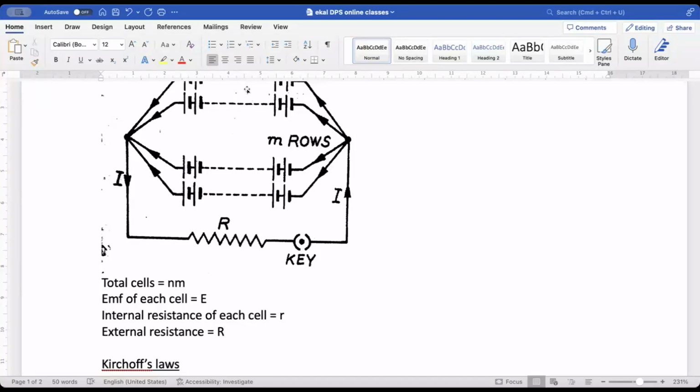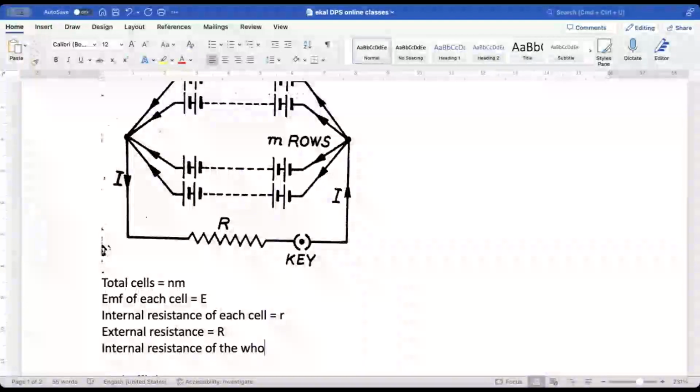The internal resistance of the whole battery we say is R1.